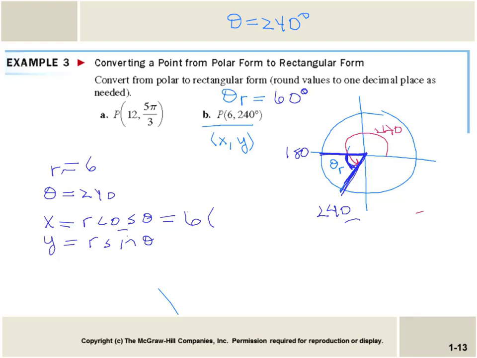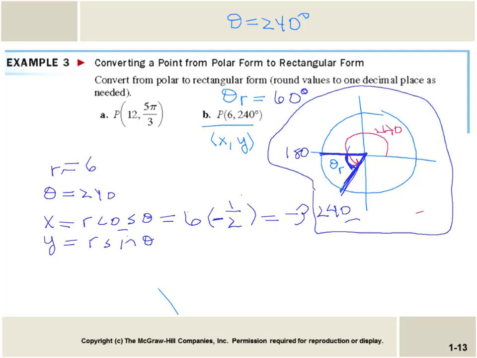What's the cosine of 60 degrees? One half. Is it positive or negative in quadrant 3? Negative. So that equals -3. See? It's harder when you're on the spot, isn't it, red one?